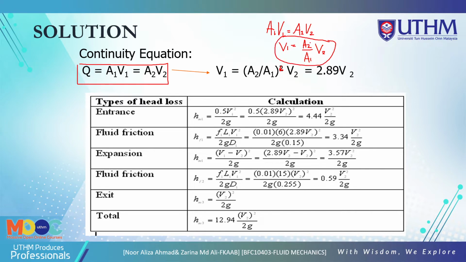Then you get A2 and A1 based on the diameters, diameter 1 and diameter 2.